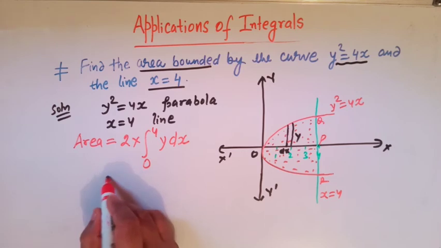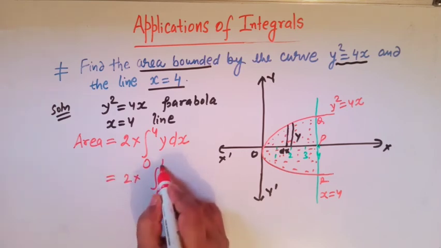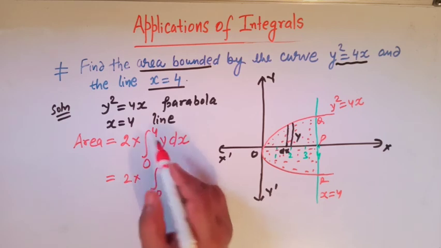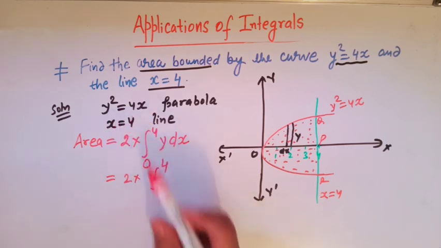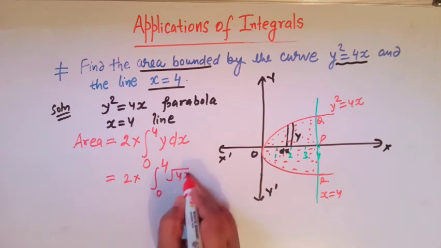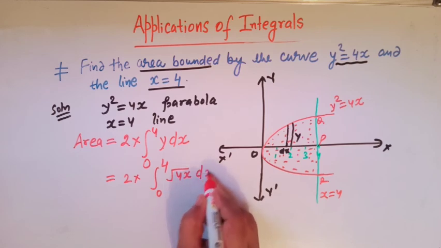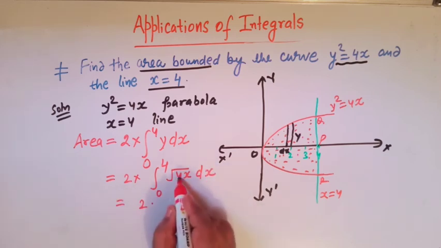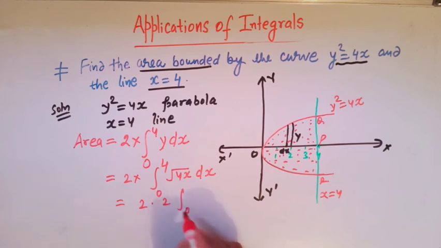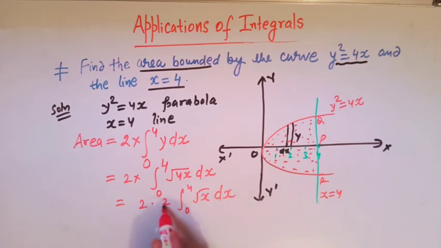Clear? Now this is 2 times the integral from 0 to 4, and the value of y will be calculated from this expression. So this is square root of 4x dx. Clear? Now we have 2 times, square root of 4 is 2, so we have 2 times 2, which is 4, times the integral from 0 to 4 of square root of x dx.